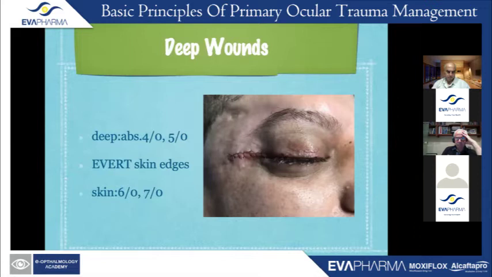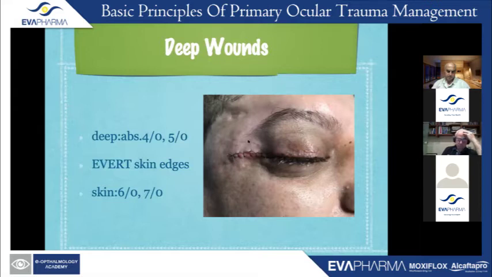This will never bring a scar except in very rare cases. This scar, you will never see this scar or this wound again, because the lid when it heals, it goes down, it goes deep into the tissues. So when you leave it at the end of the surgery everted, as you can see here, you will never see the scarring.